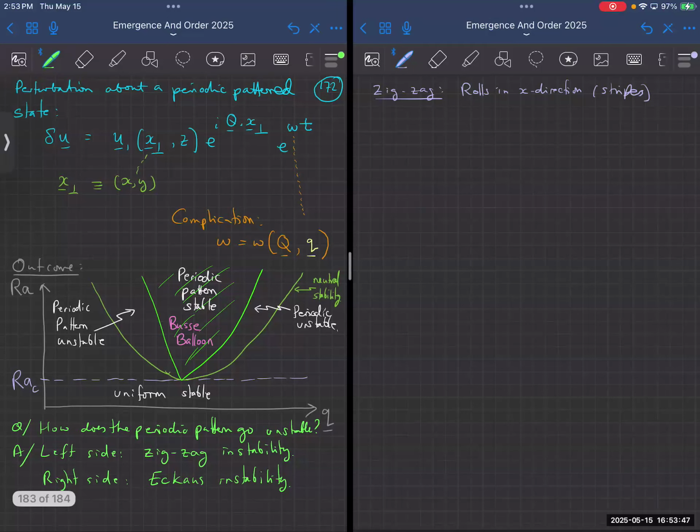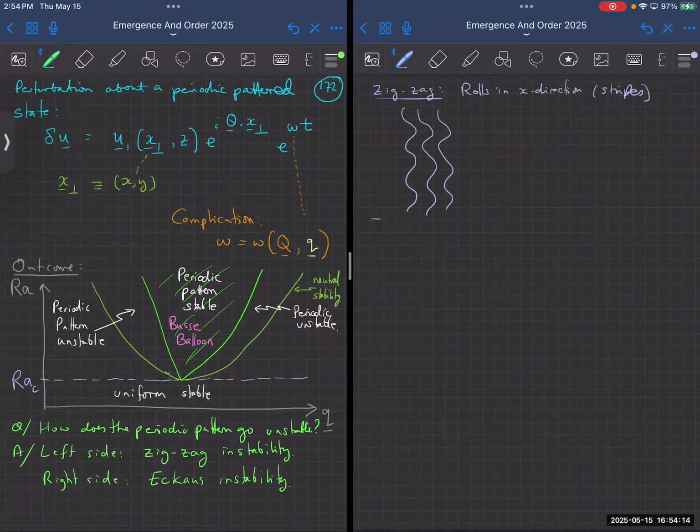And so the zigzag instability is that the rolls become like this. Okay, so they literally become a kind of zigzag pattern. I don't have a picture to show you. I'm not going to go and look for a movie of it. So you'll have to just take a sketch.